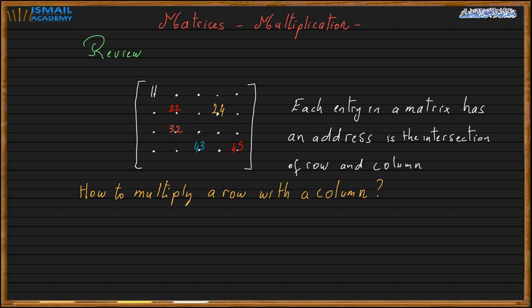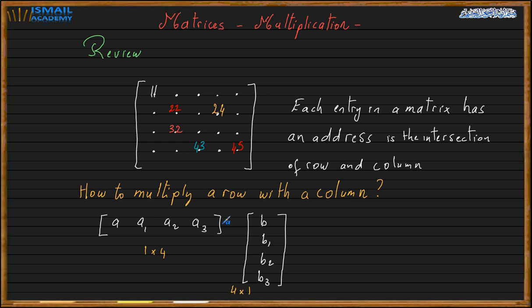Suppose I have a row, and I'm going to pick a random row: A1, A2, A3. And a column: B1, B2, B3. We multiply a row with a column. This one is one row, four columns, and this one is four rows, one column.